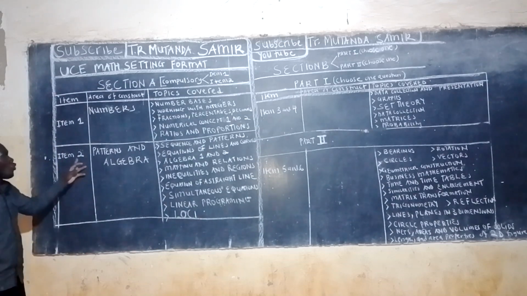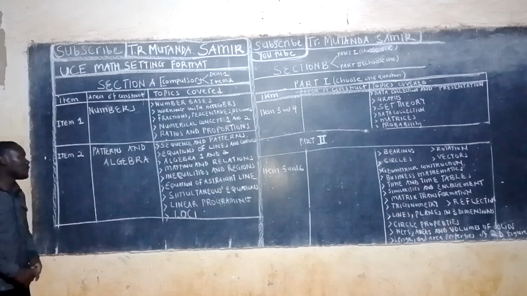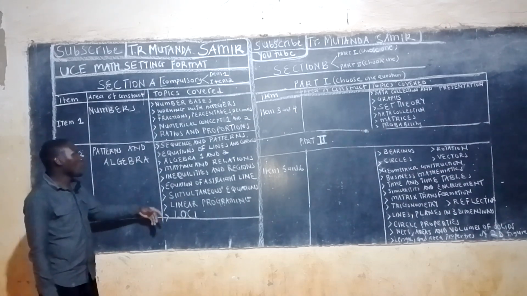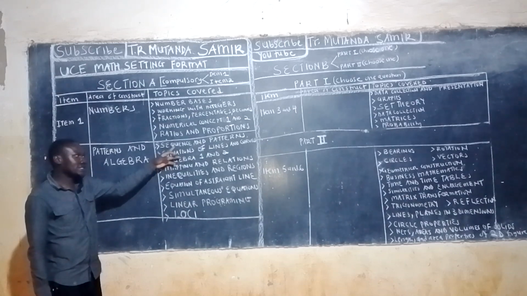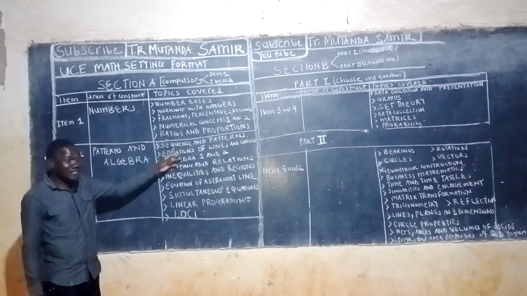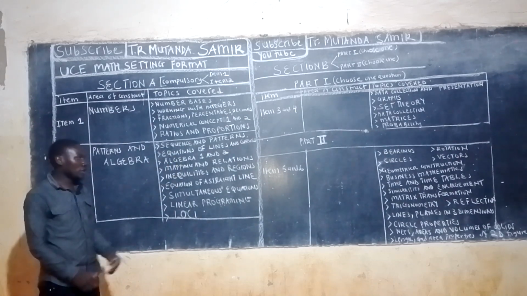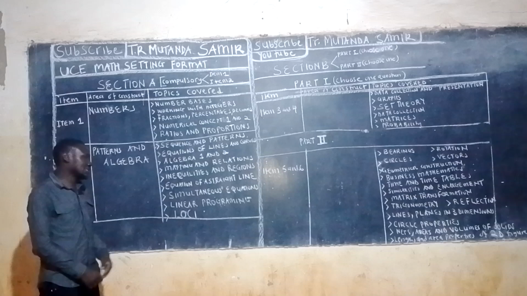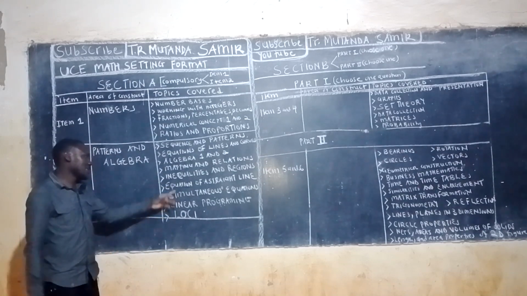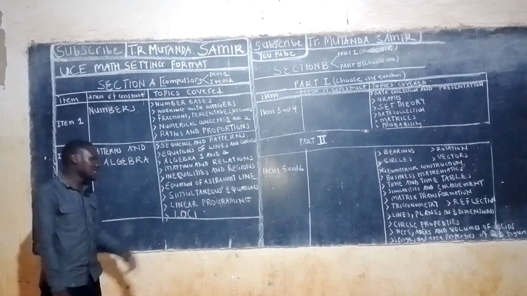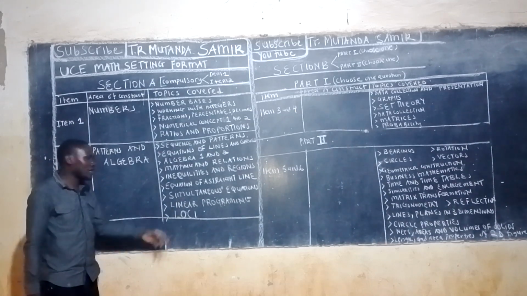Now, item 2 is under patterns and algebra, which is the area of construct or theme. The topics in there are sequences and patterns, inclusion of line and curves, algebra 1 and 2, mapping and relations, inequalities and regions, inclusion of a straight line, simultaneous equations, linear programming, and loci.